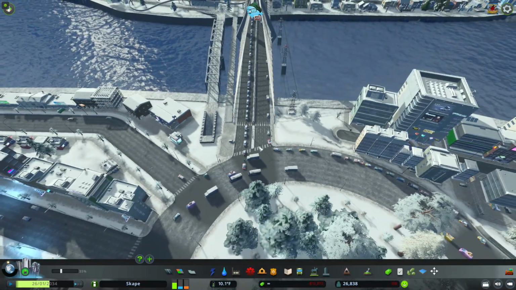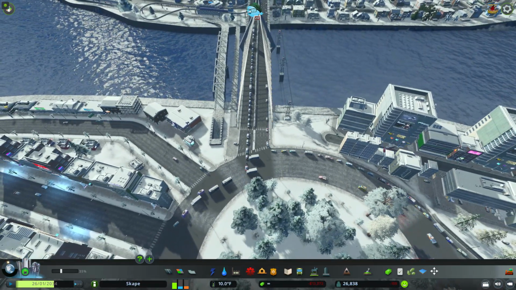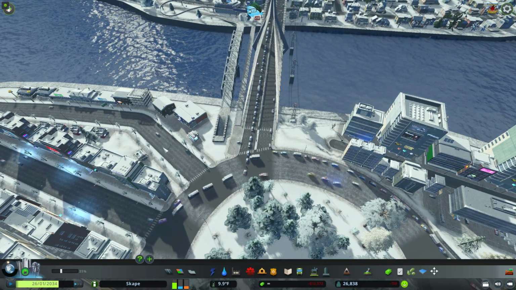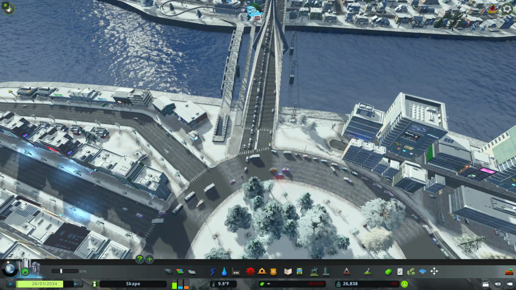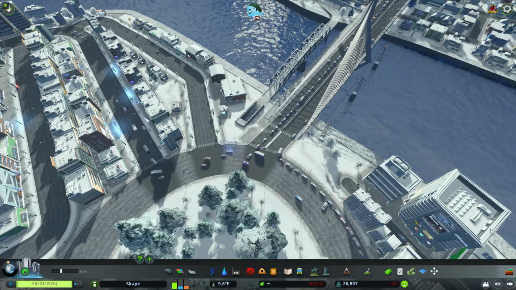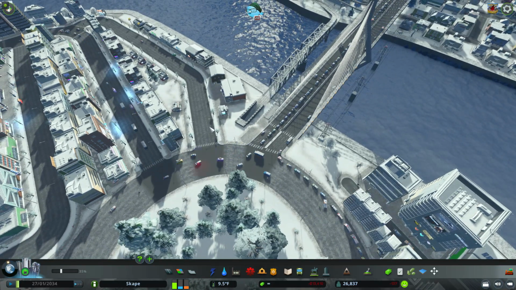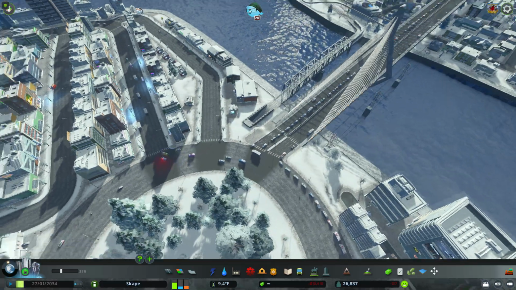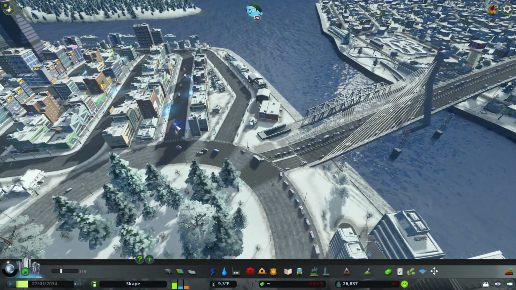So the best thing to do is reduce the amount of reserved lanes. Seeing that these two streets meet up at the same point up there, I could probably eliminate this one from the roundabout and reduce this down to 2 lanes.